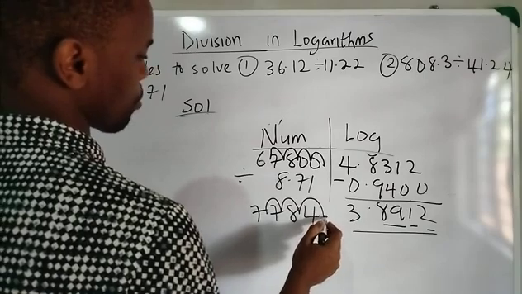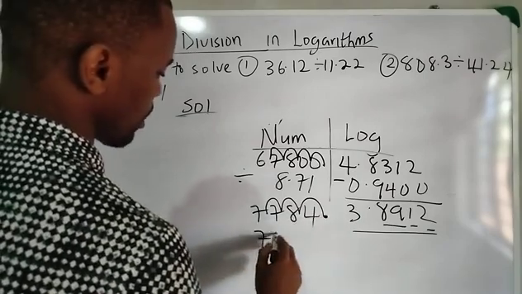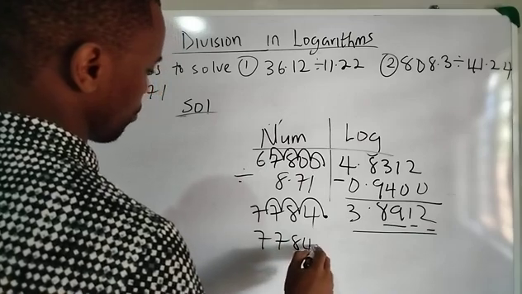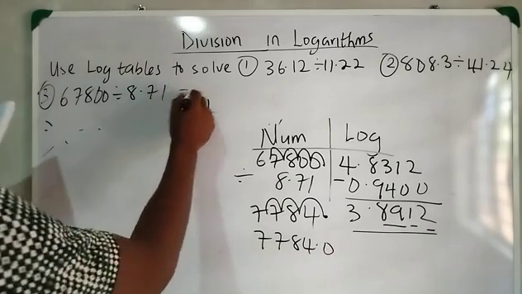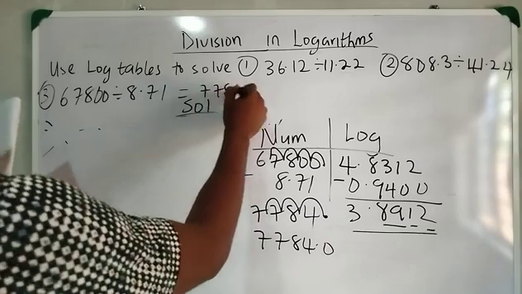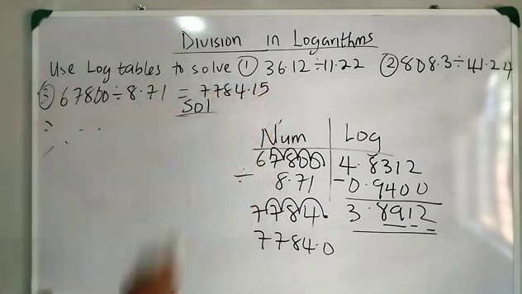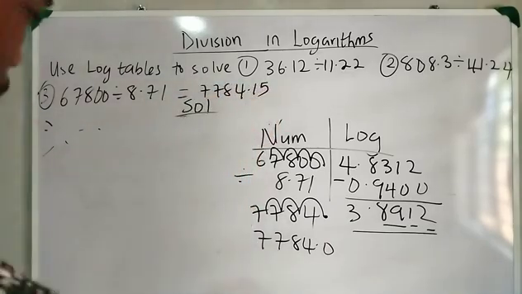So your decimal point comes here, which means your final answer is 7784.0. So that is it. And if you actually press your calculator directly, you are going to have 7784.15, which is approximately equal to what we got with our logarithm tables.